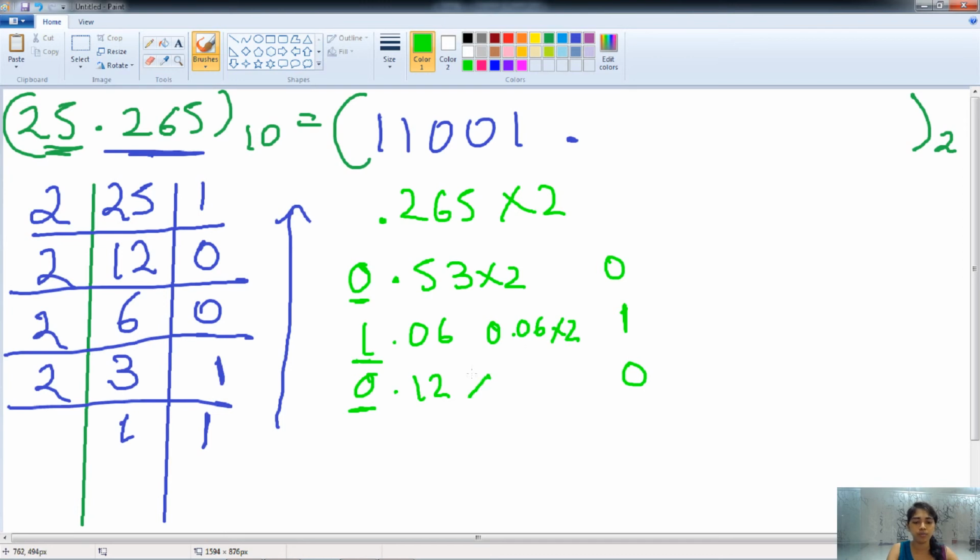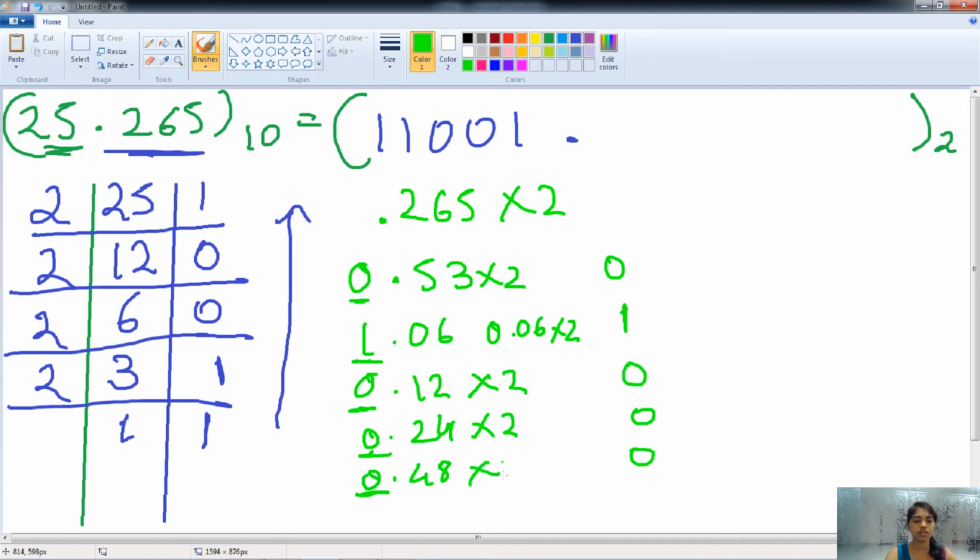Now this 0.12 into 2 would give us 0.24. Now transfer this 0 here. 0.24 into 2 would give us 0.48.